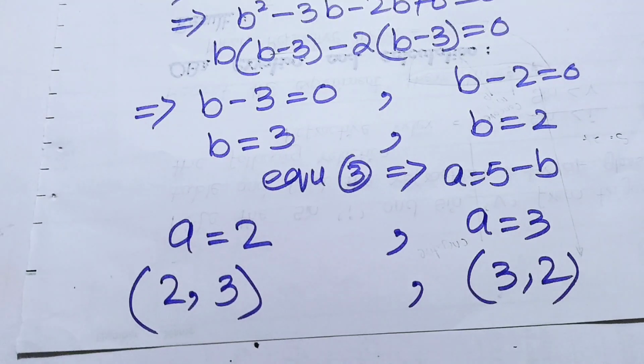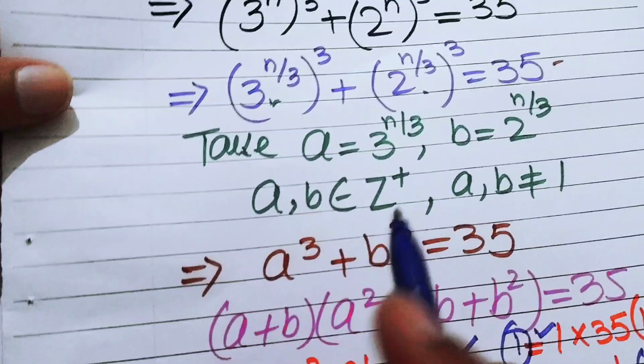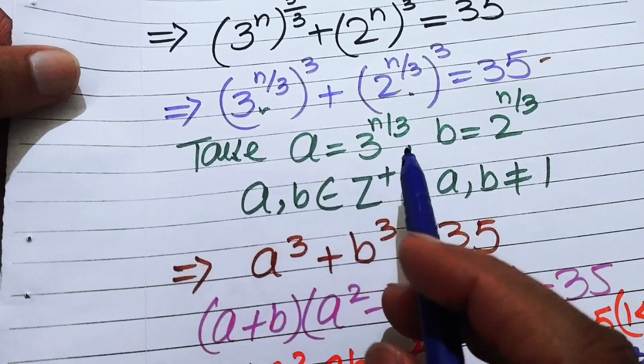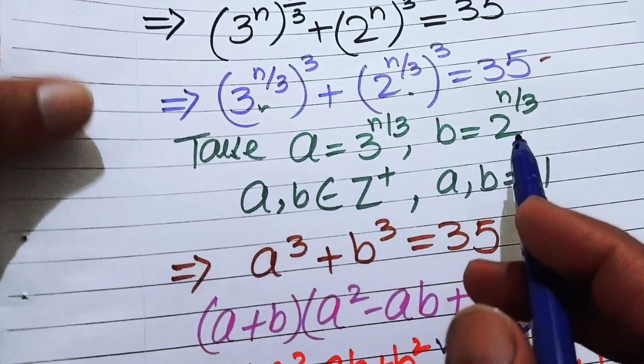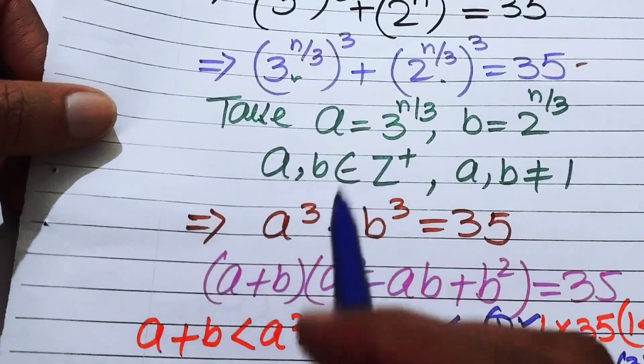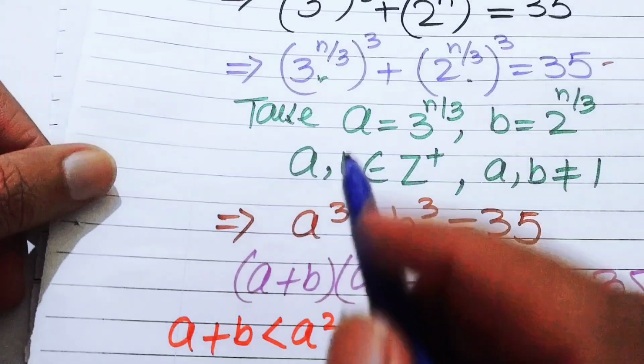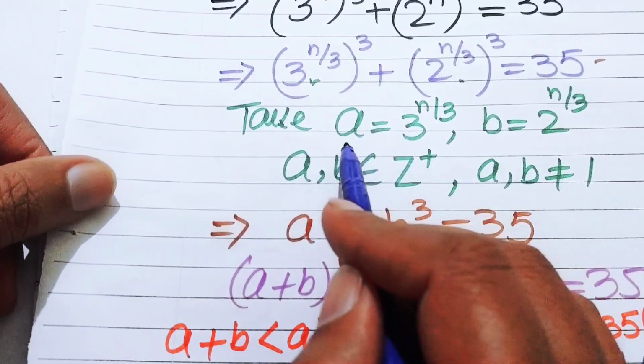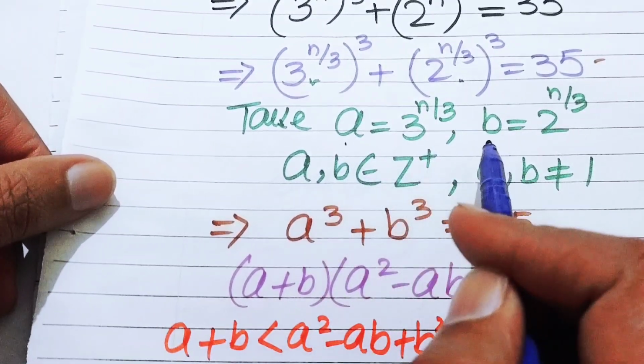So now here you see that we will take a equals 3 to the power of n over 3 and b equals 2 to the power of n over 3. So we need the pair in which the base of a is 3 and the base of b is 2.